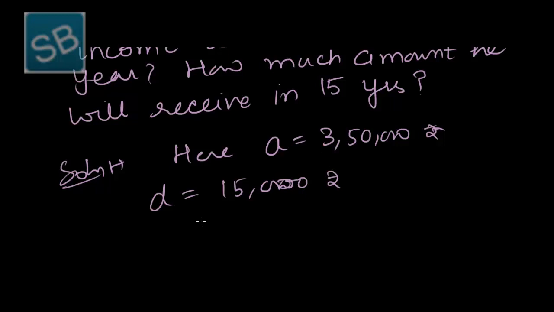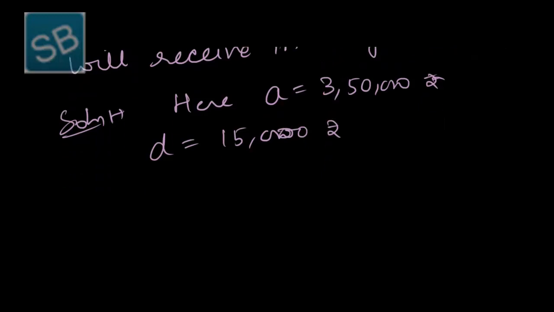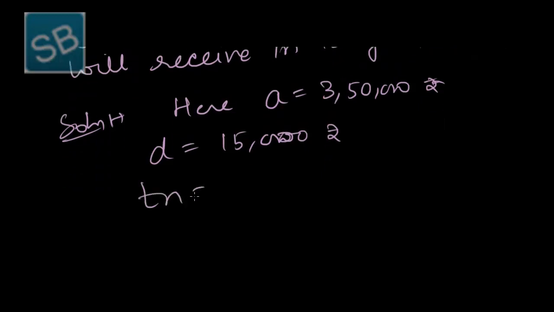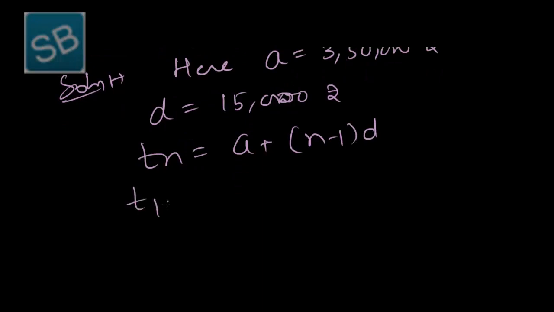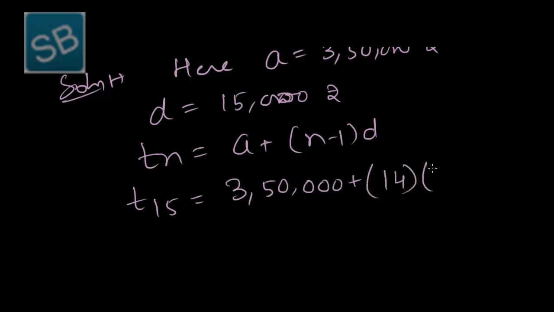And we know that in the AP sequence, Tn is A plus n minus 1 into D. Now we have to find the income at the end of 15 years. A is 3,50,000 plus 15 minus 1 is 14 into D, that is 15,000.